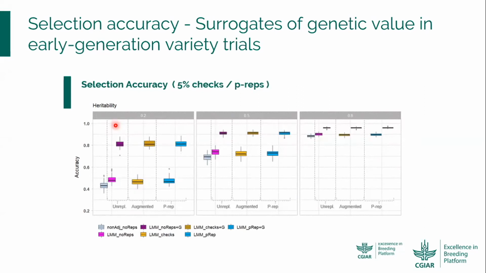Normally, like I said, the spatial models and the GRM do a lot of the work when it comes to getting adjusted means. When I say unreplicated, augmented, and P-rep here, it's just the experimental design, how we put the entries in the field: no replication at all, putting in some checks, and then partially replicating some of the entries.